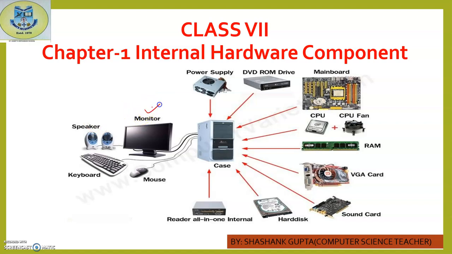This is a monitor, that is your output device, that is keyboard, input device, mouse, input device, speaker, output device, power supply, DVD ROM, main board, that is known as PCB, also printed circuit board or motherboard, CPU fan, that is cooling fan, RAM chip, ROM chip, VGA card, sound card, hard disk, and reader all in one internals.